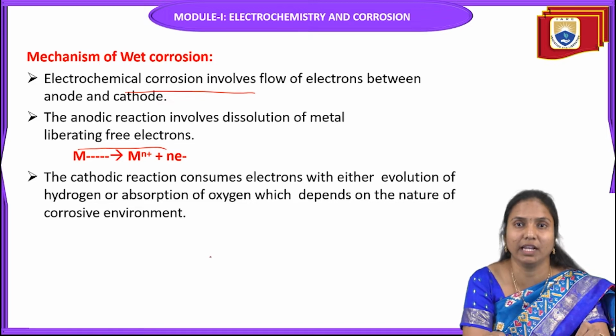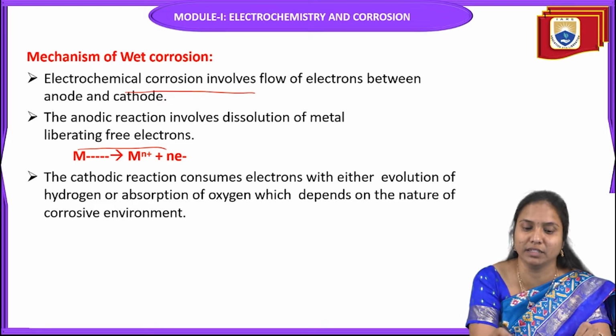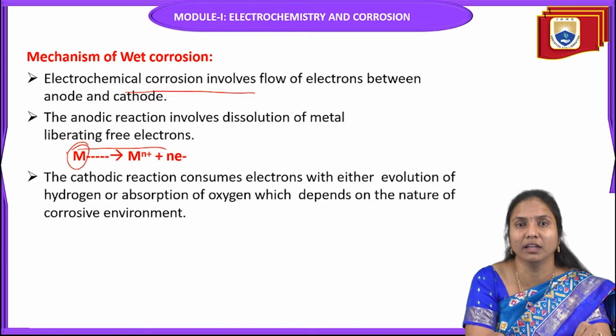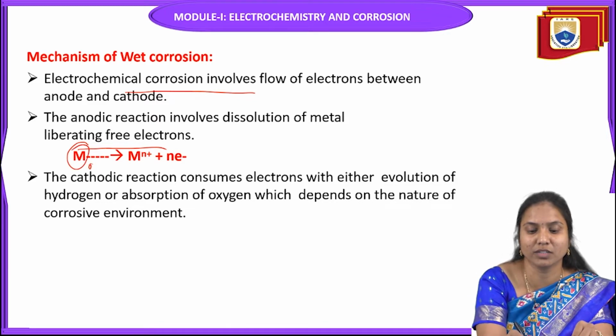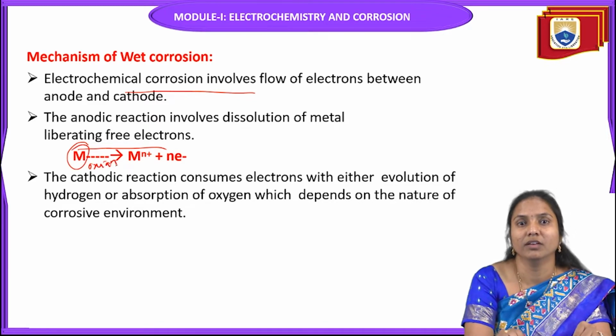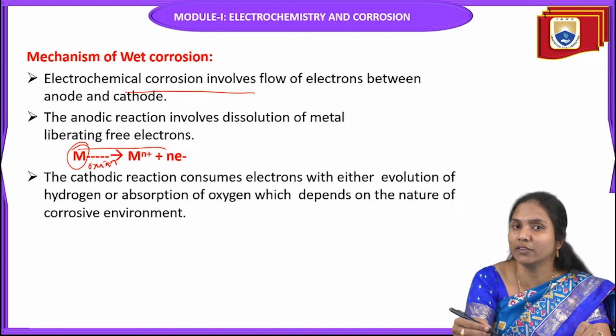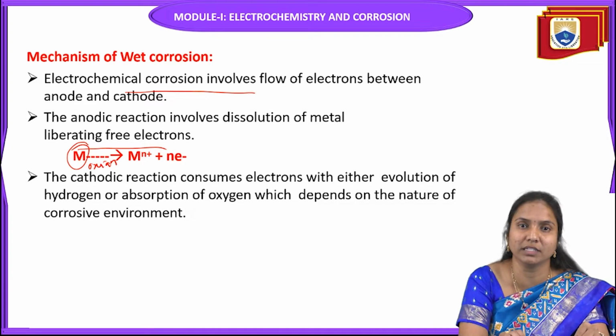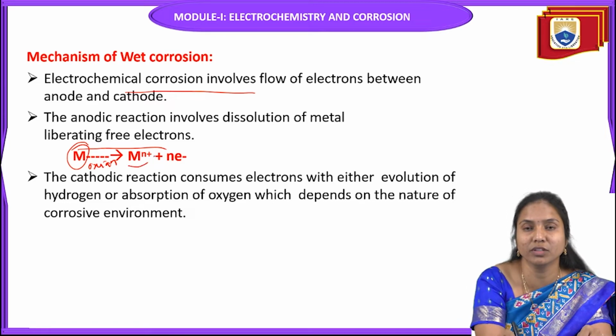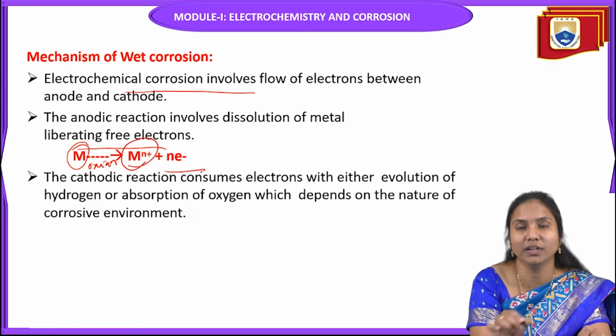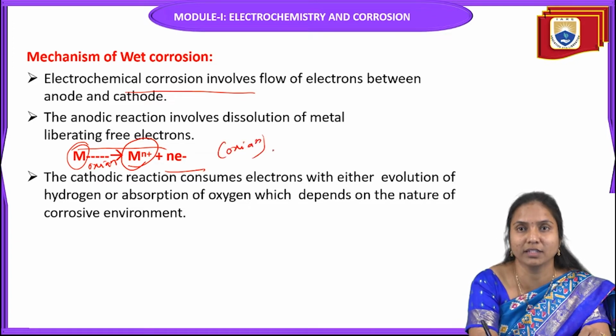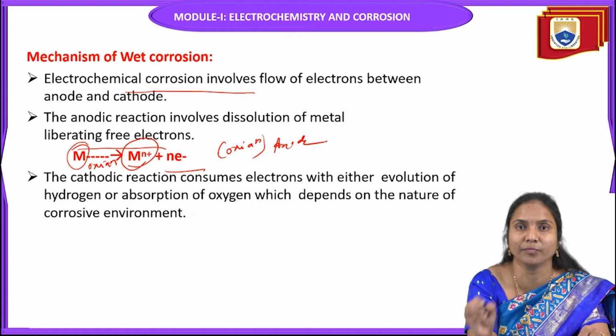For example, any metal partially or completely dipped in a conducting solution undergoes oxidation. In this case, it gives metal ions and loses electrons. So it is an oxidation reaction at the anodic area.